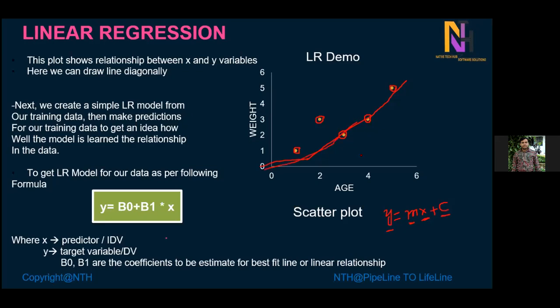This is called C. This is an intercept, isn't it? This is a generic equation to represent a linear line over the searching space.